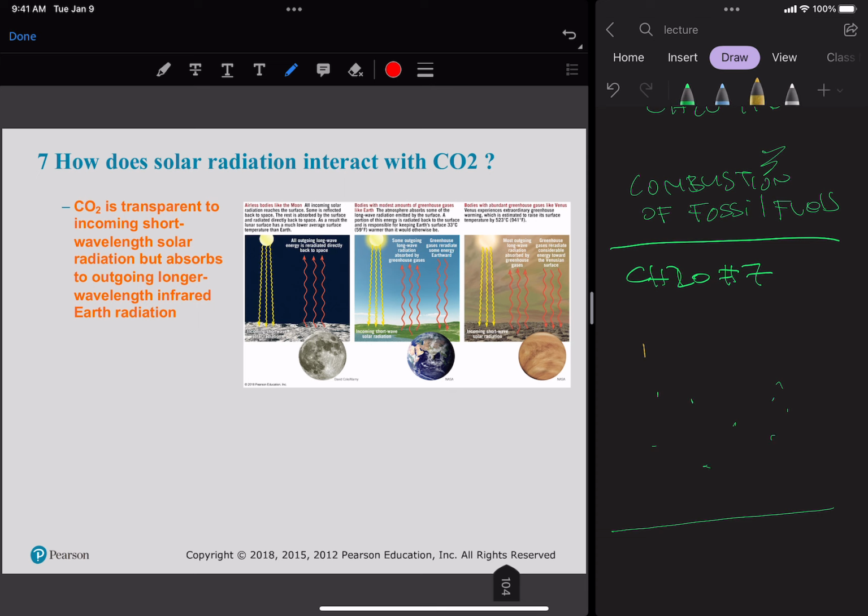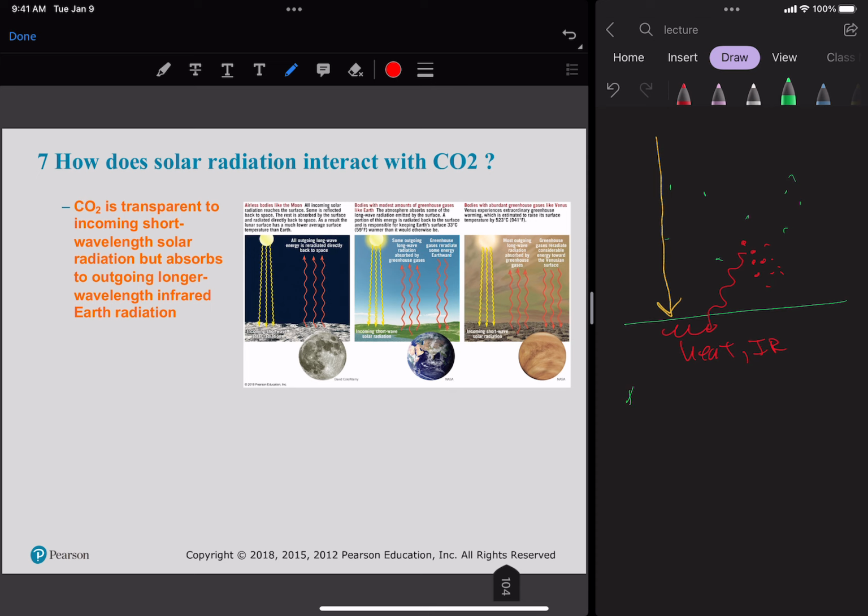Visible light from the sun passes right through, and as it does, the Earth's surface heats up, and it emits infrared or heat, and that infrared is trapped by greenhouse gases, and that warms the atmosphere.